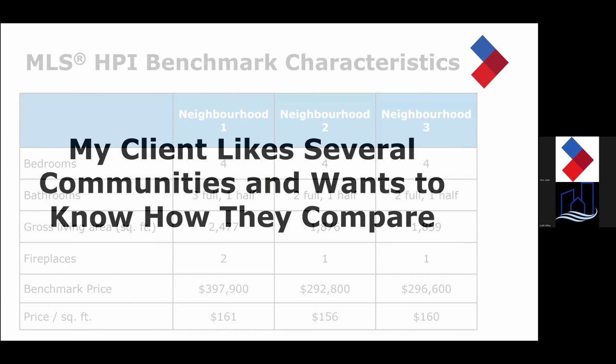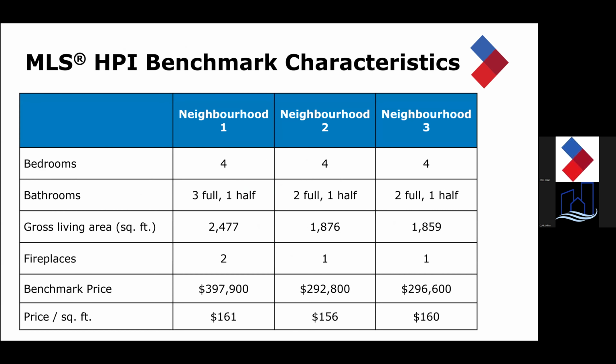And you can answer that question using the benchmark characteristics feature on the dashboard tool. So this is obviously a small sample table using only some of the features, but it's easy to see that 2-story homes are much larger and have more features in the first neighborhood compared to the other two, which would also help explain why they are more expensive.